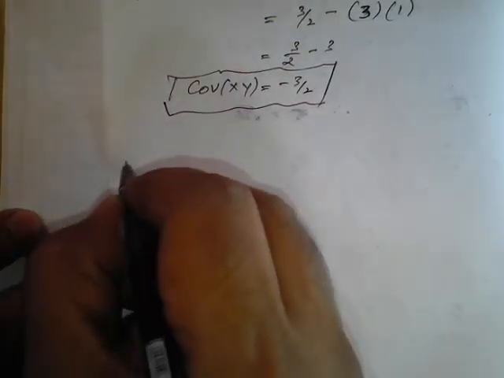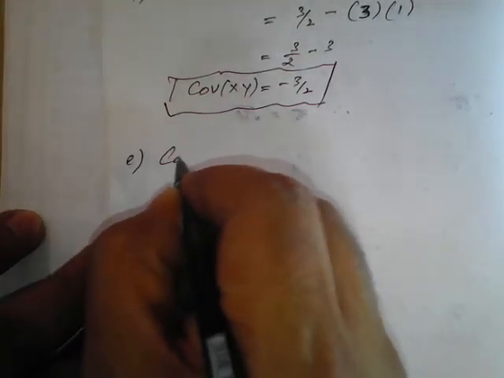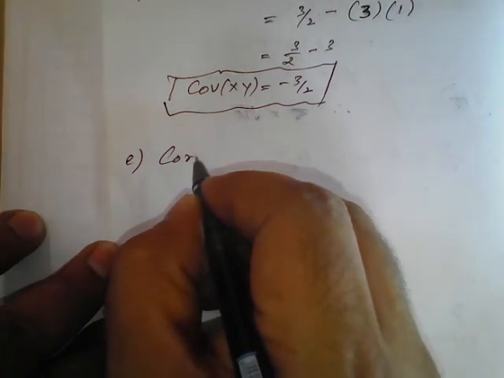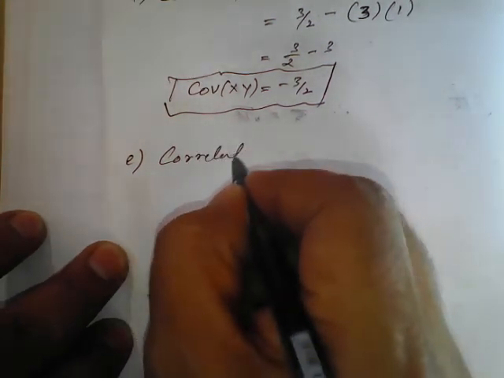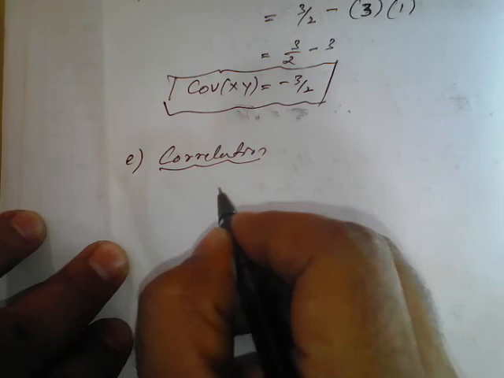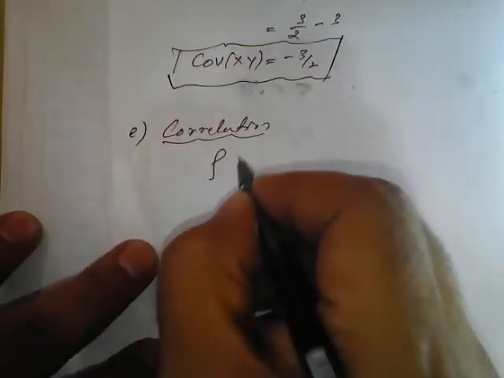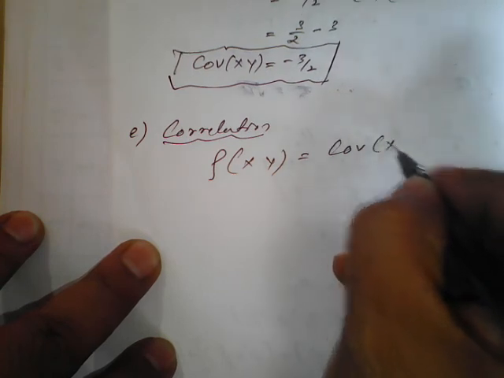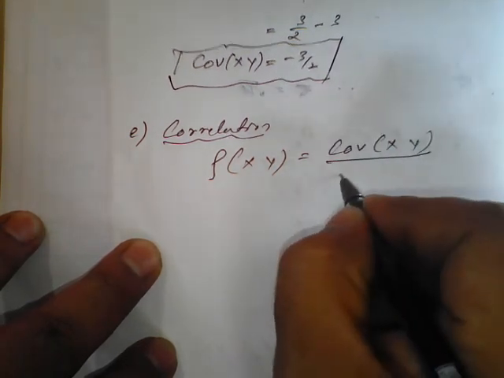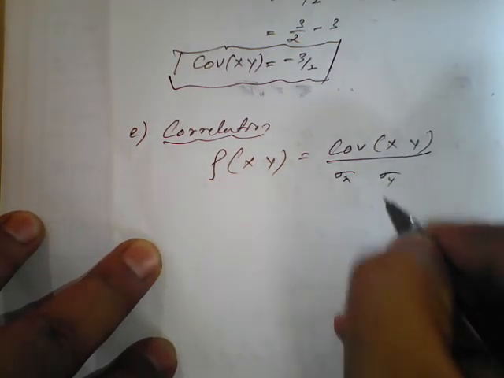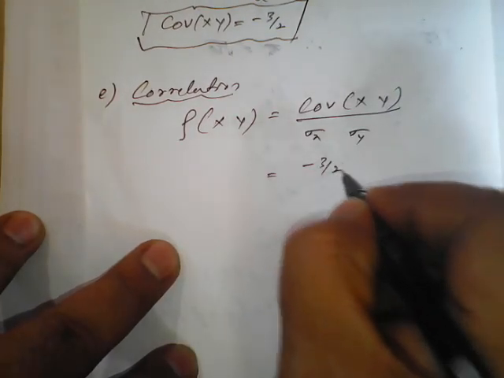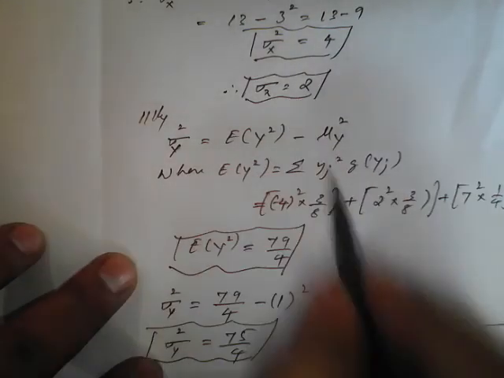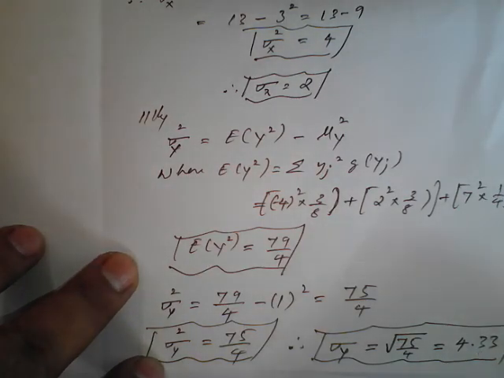Next, finally, the correlation. We need to find rho of xy, which is nothing but covariance of xy divided by standard deviation of x into standard deviation of y. Covariance of xy we got is minus 3 by 2, standard deviation of x is 2, and standard deviation of y is 4.33.